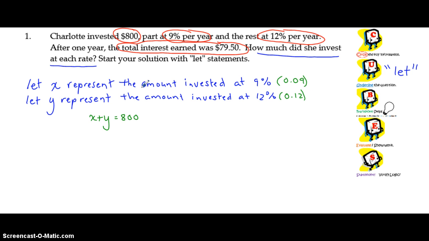So to figure out the amount of interest for this batch of money, it's the interest rate multiplied by how much money you invested. And for this batch of money, it's the interest rate multiplied by how much money you invested. And we know that total is $79.50.